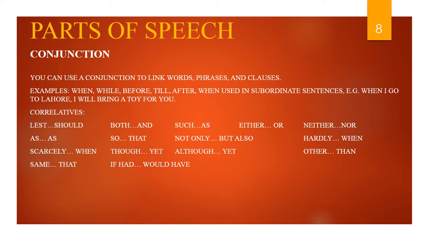Such will be used with as, either or, neither nor, as so, that, not only but also, hardly when, scarcely when, though yet, although yet, other than, same that, if had would have. So these are correlatives which will be used as conjunctions.